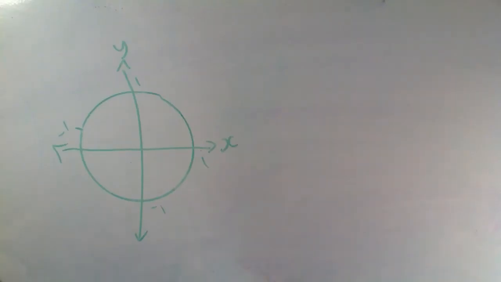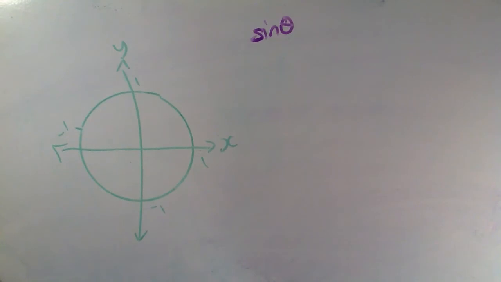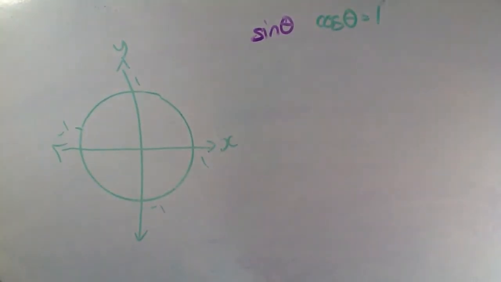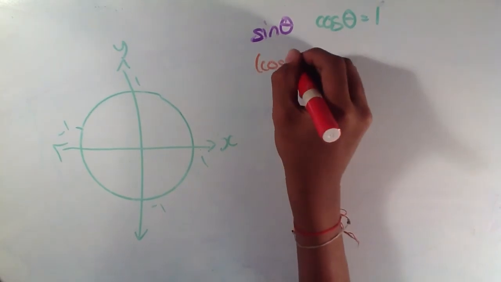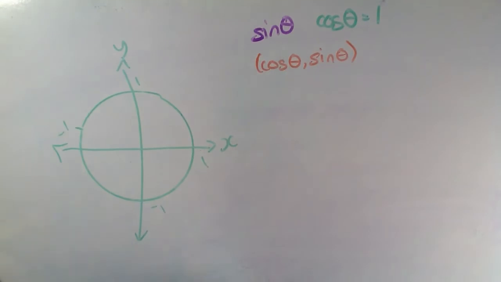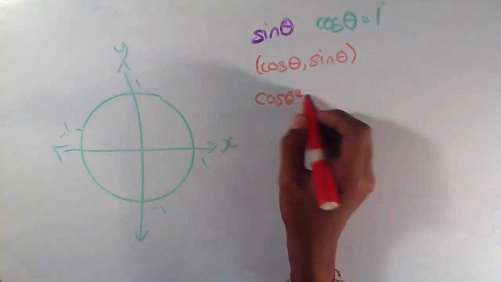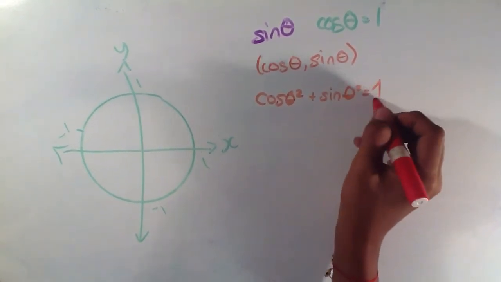Another example. Find the possible values of sine theta if cos theta equals 1. If we expand the formula we found earlier of cos theta, sine theta with Pythagoras, this could be said as cos theta squared plus sine theta squared equals 1.